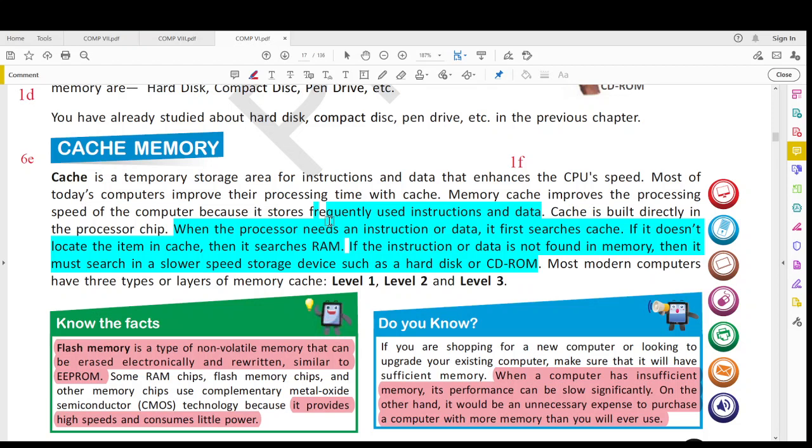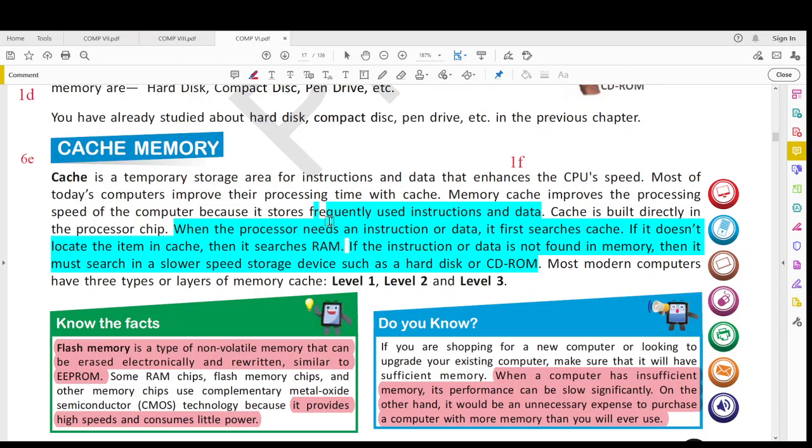So the processor, when it needs some data, it first searches on the cache, which is a very fast and very costly kind of memory, as it can transfer the data very fast from itself to the processor.